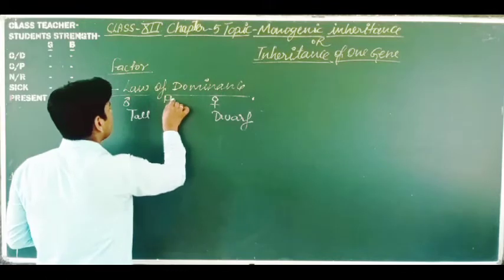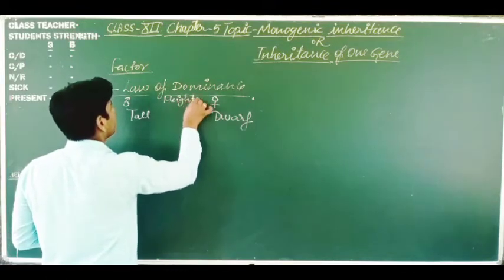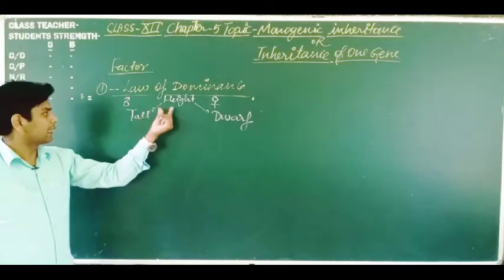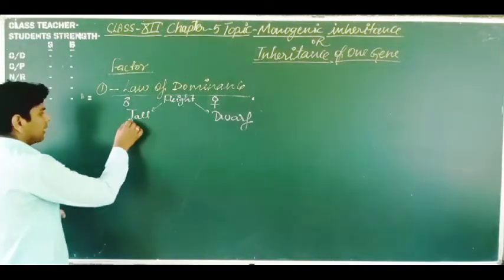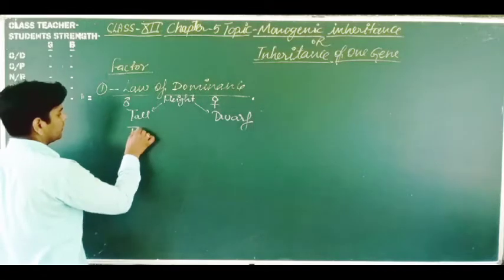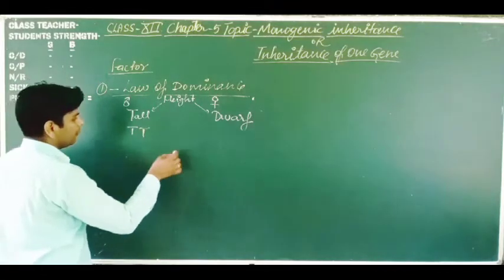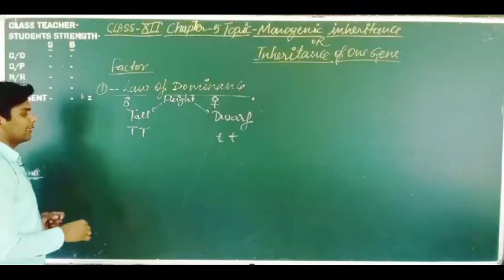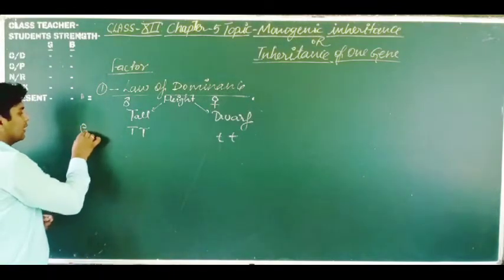The character is height. So the height of the pea plant is the character, and these are two contrasting traits of this character. The allelic expression of the tall pea plant is capital T, capital T, and of the dwarf, small t, small t. This generation is known as the P1 generation.